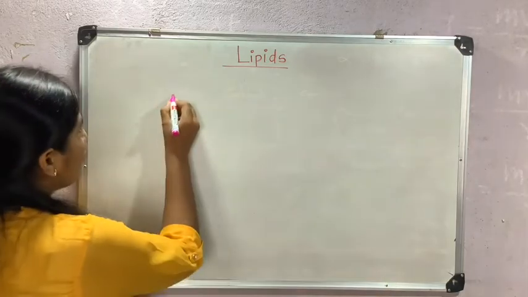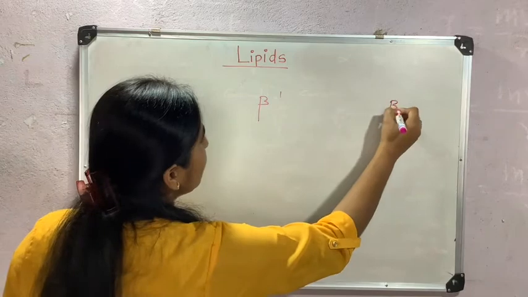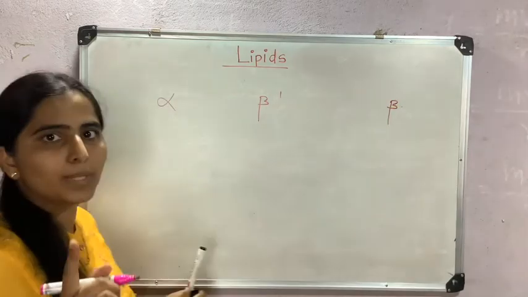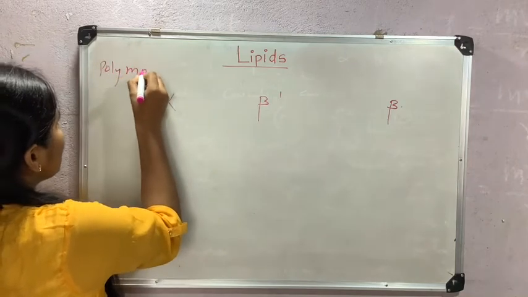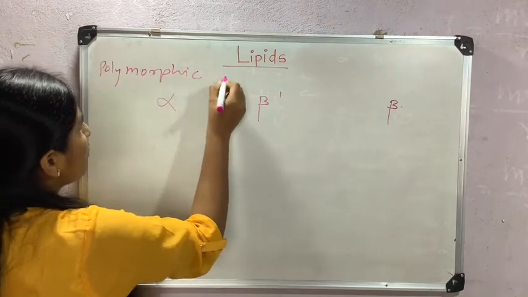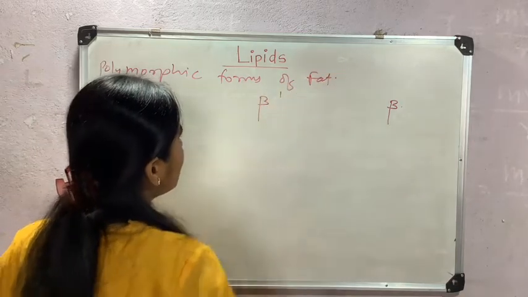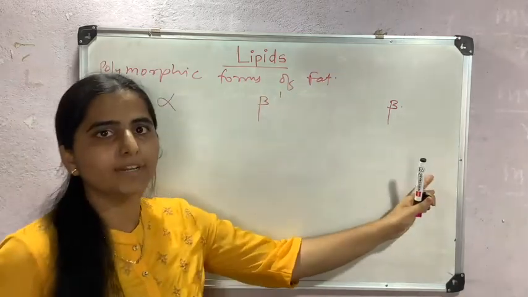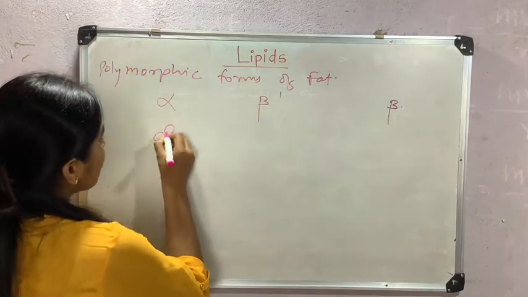There are three forms of fat crystals: alpha, beta prime and beta. These are three polymorphic forms of fat. These three forms are different. They have different properties.